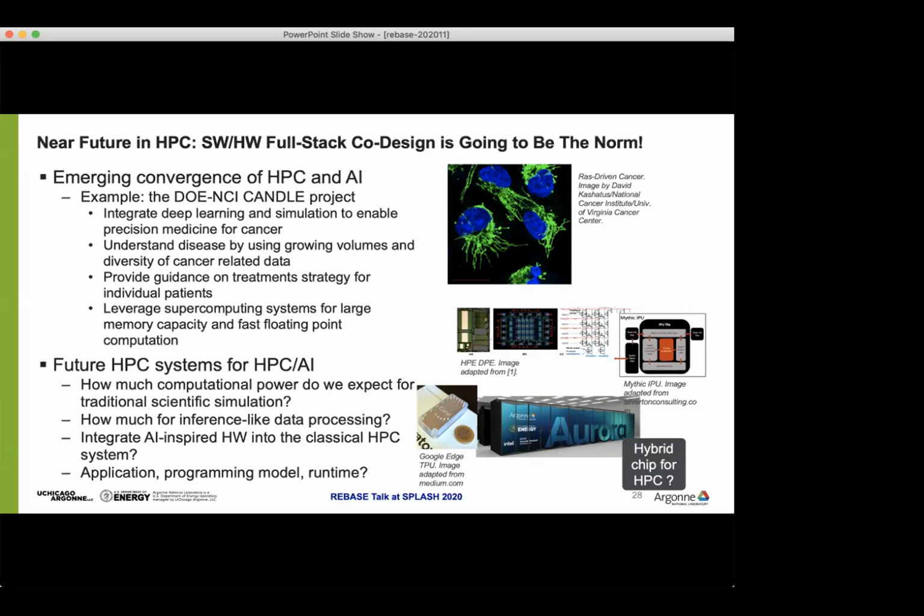They use simulation to generate data, then use that data to run the deep learning training, and then they need to predict, for example, the response for a patient on the medicine side. So that kind of mixture of simulation, training, and inference is a very good project to motivate that our future HPC system will be more complex.